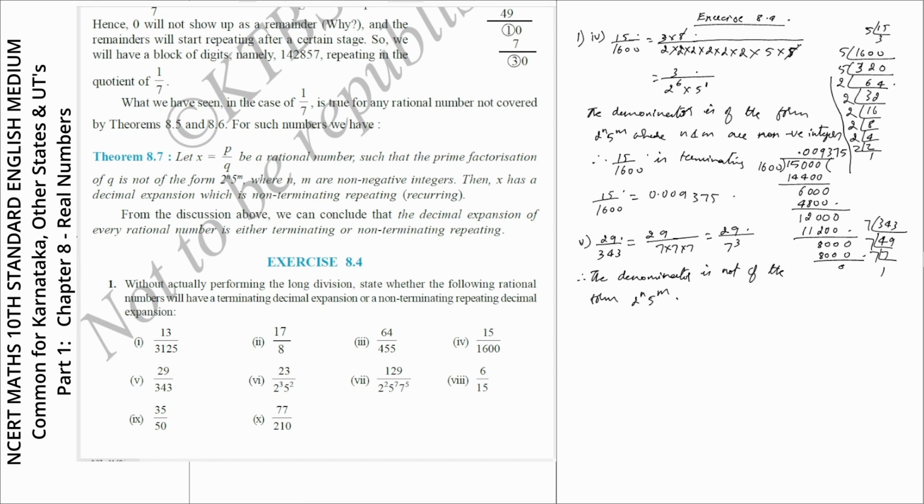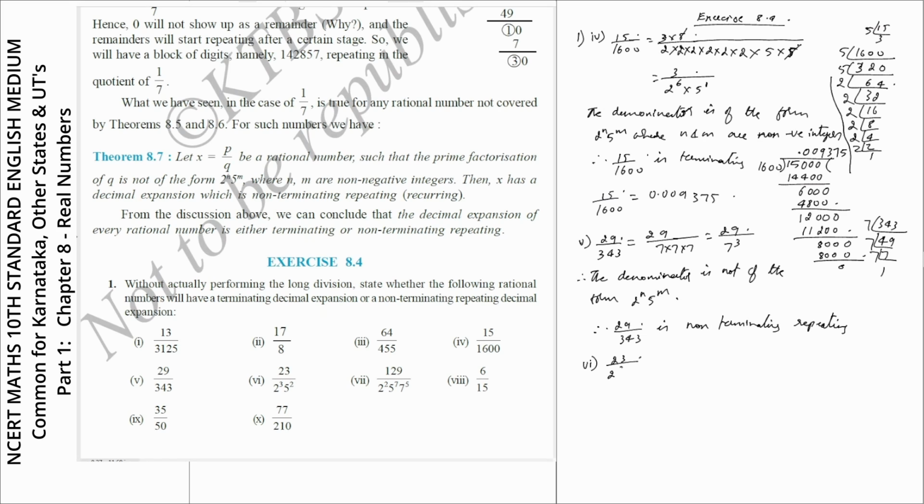Apart from 2 and 5, the factor of 343 is 7. So therefore 29 by 343 is non-terminating repeating, or simply recurring.